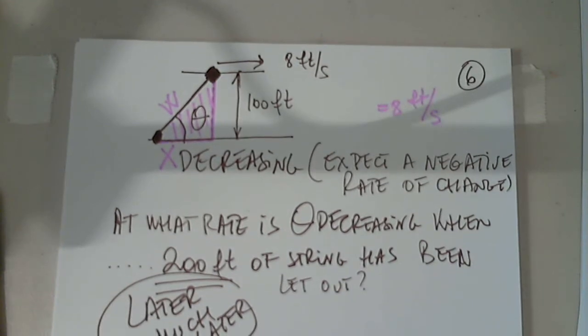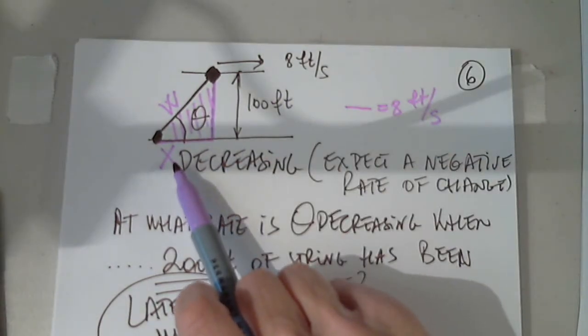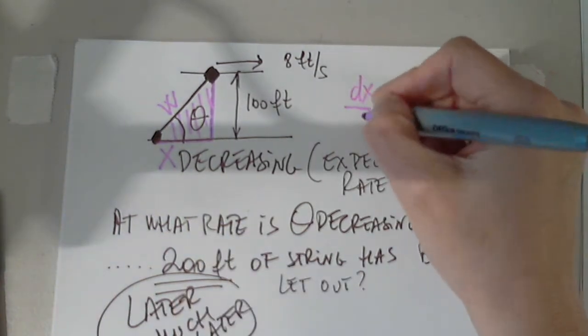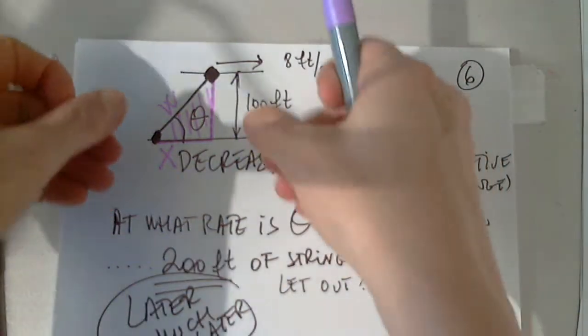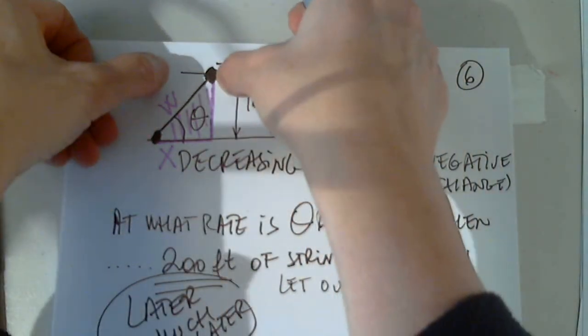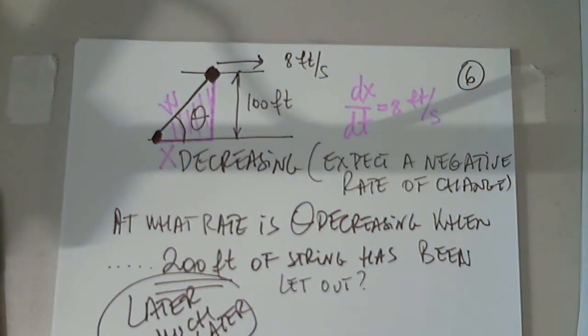Can anyone tell us, what do you think is 8 feet per second in our picture? Rate of change of? Right? It's this distance. The rate of change of x with respect to time.